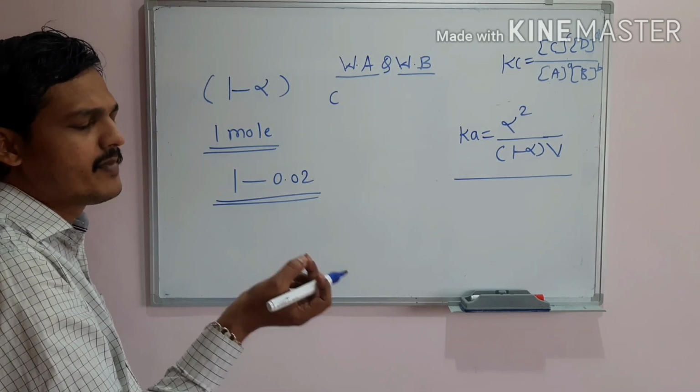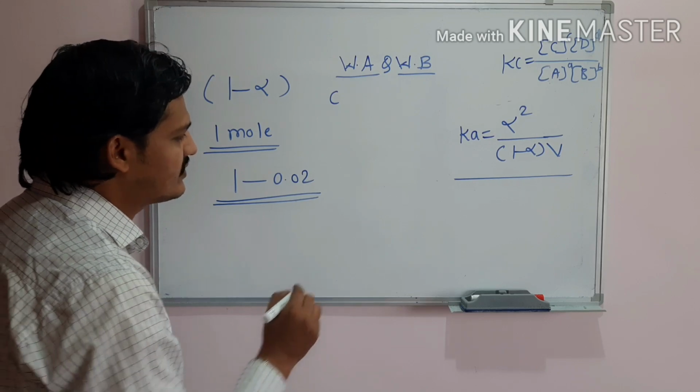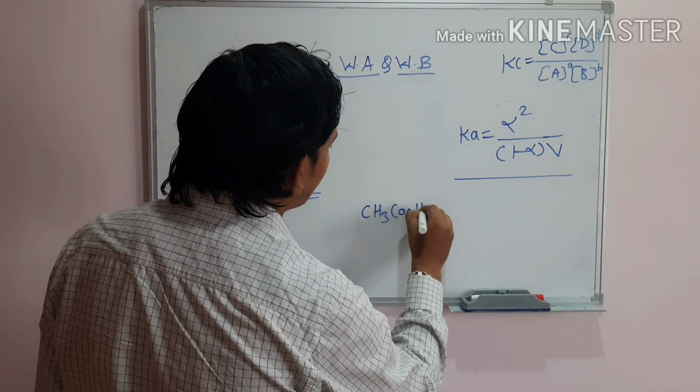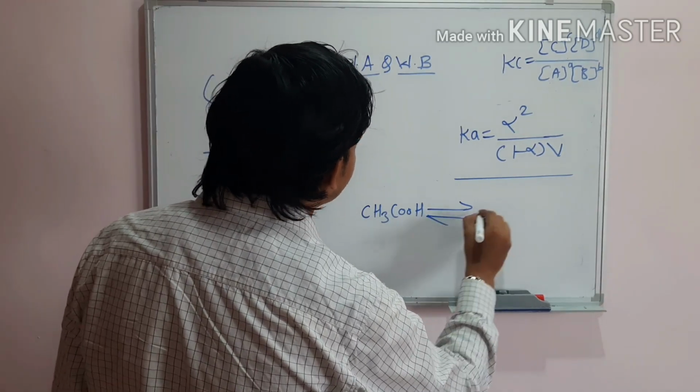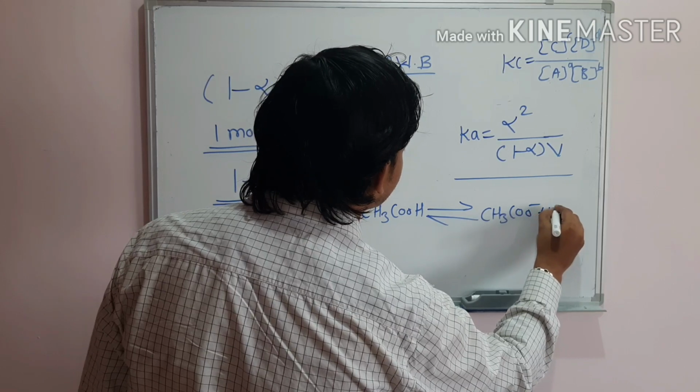Partially means a minor quantity. Out of 1 mole it dissociates 0.02. Let us consider CH3COOH, which gives CH3COO minus plus H plus.